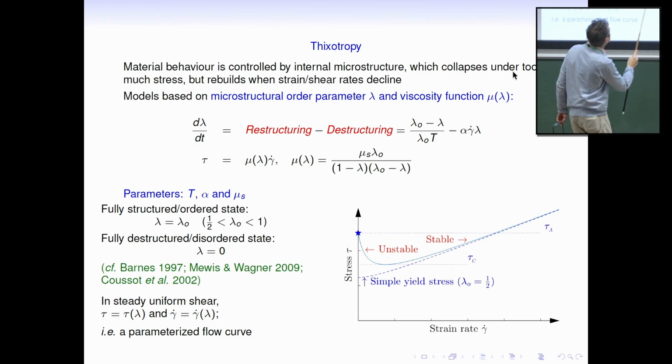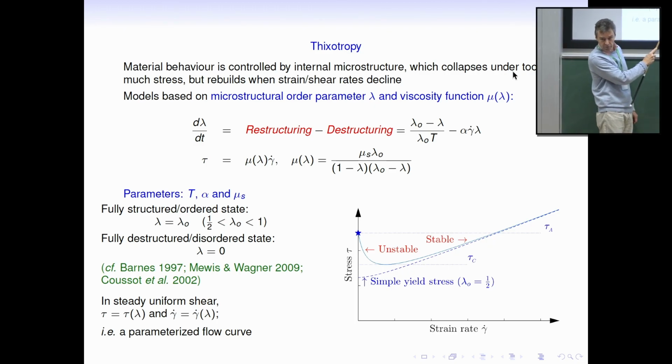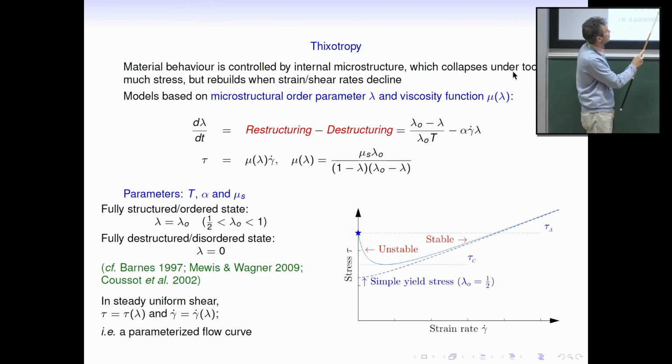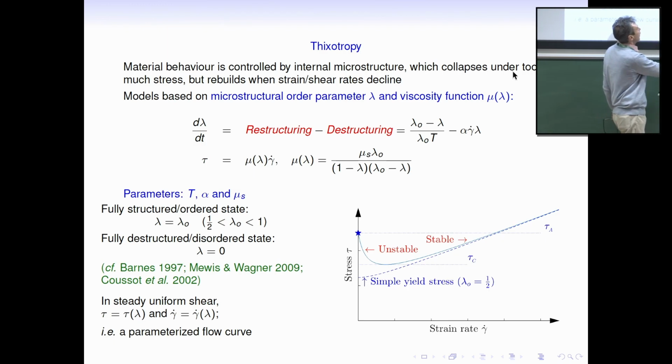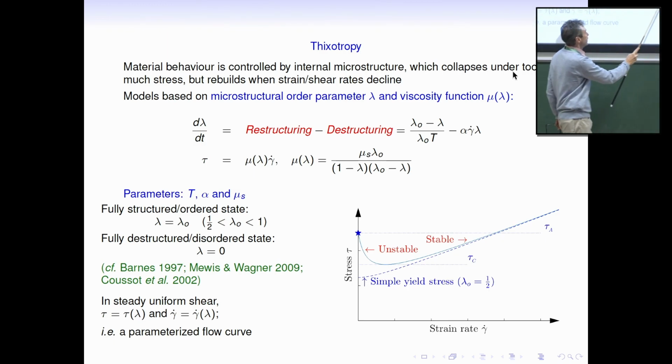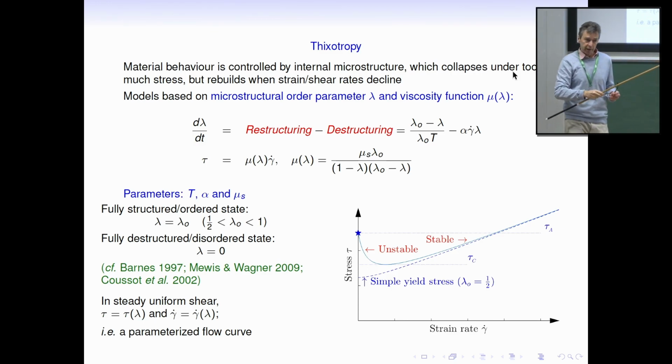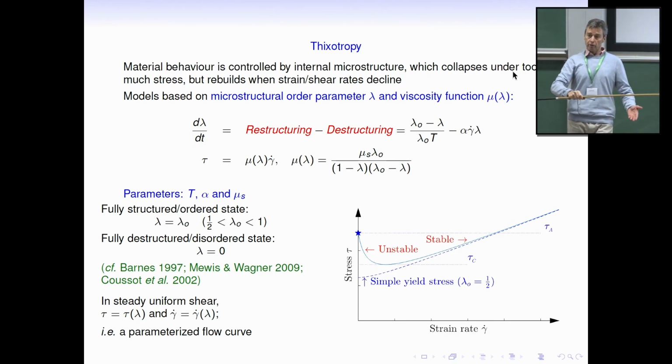And along with that, you need to come up with some formula for the viscosity. So there's some relationship between the stress and the strain rate. And the viscosity depends upon the amount of order. So your viscosity depends upon lambda. So with this simple algebraic model for the restructuring, the destructuring, and the viscosity terms, you basically come up with a flow curve. Right?